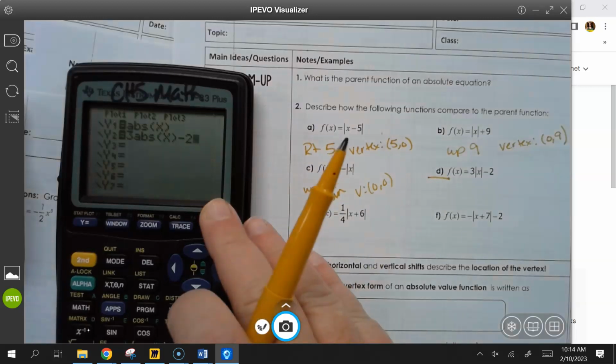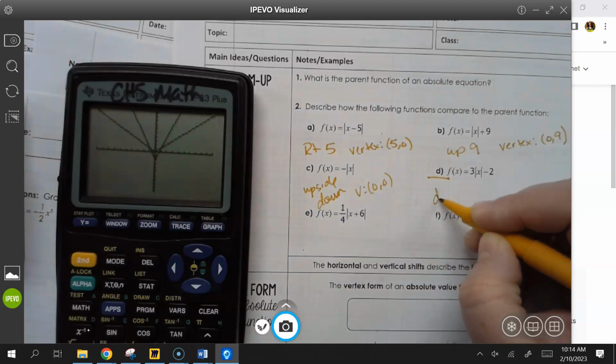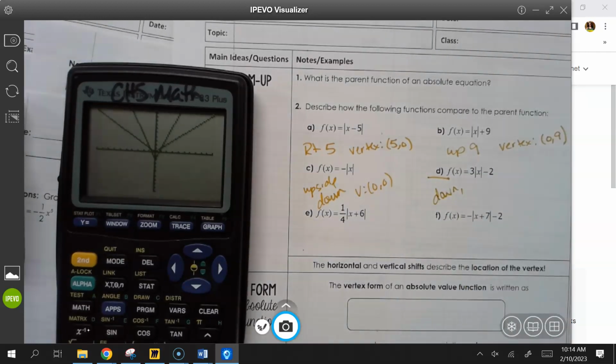What happened? Looks like two things happened. What two things look like it happened? It looks like it went down some. What else does it look like it did? It got skinnier, right? Do you see that?